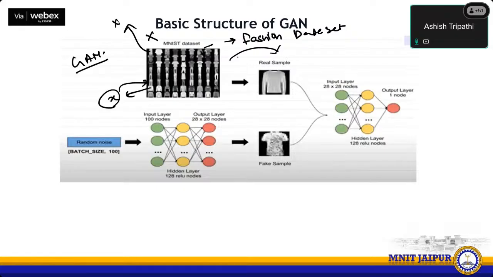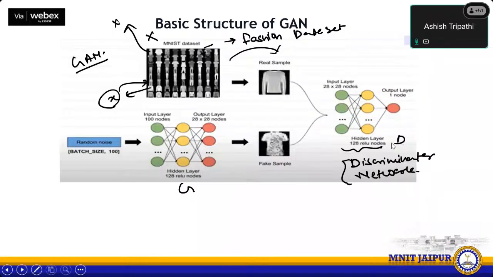And this is my discriminator network. As I have already told you, both the G and D are nothing but neural networks. So I have taken two data samples, one from the real source and one generated image.